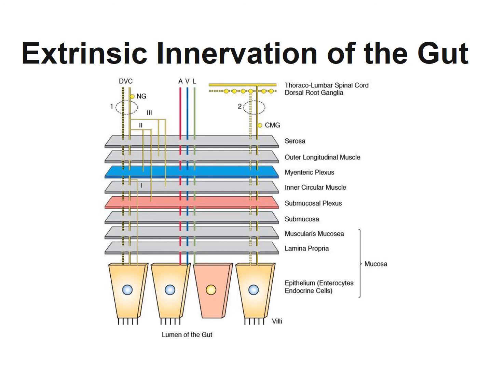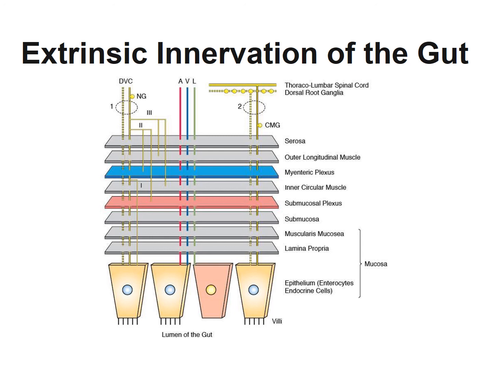The second vagal afferent is called interganglionic laminar ending, IGLE.